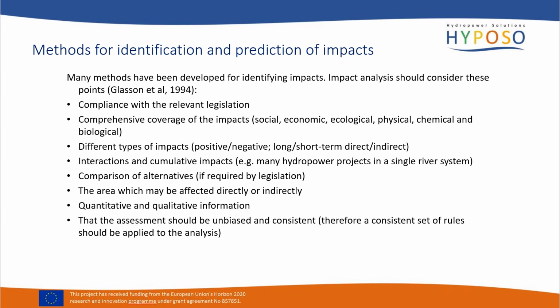The manager of the assessment needs to ensure that there is a good coverage of all the different impacts that might happen, for instance, social, economic, environmental, to be sure that later when the project is reviewed, the decision makers will know exactly those trade-offs that happen between the impacts and benefits of the project. It's important to consider cumulative impacts.